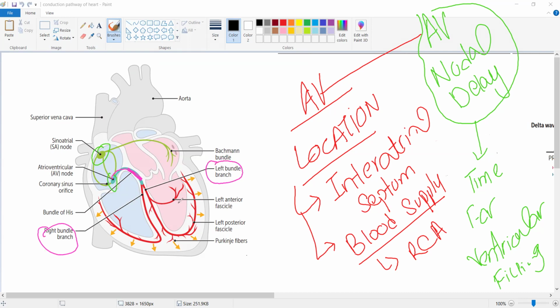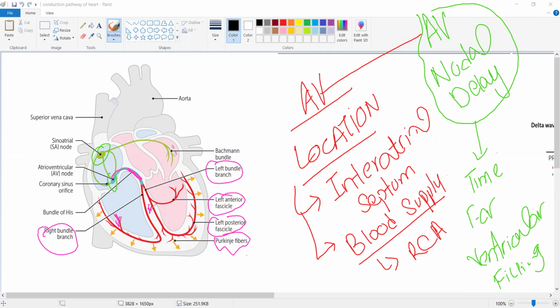The left bundle branch further divides into the left anterior fascicle and left posterior fascicle. These further divide into the Purkinje fibers. So this is the general pathway of how impulses travel in the heart.